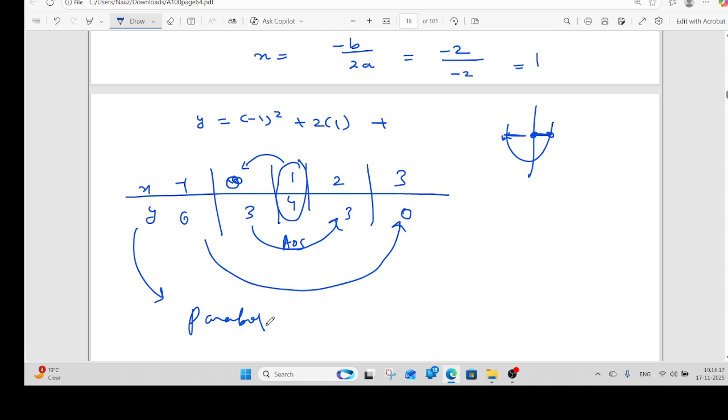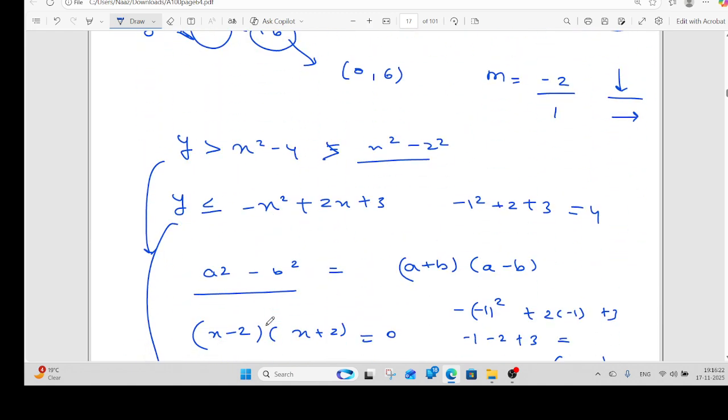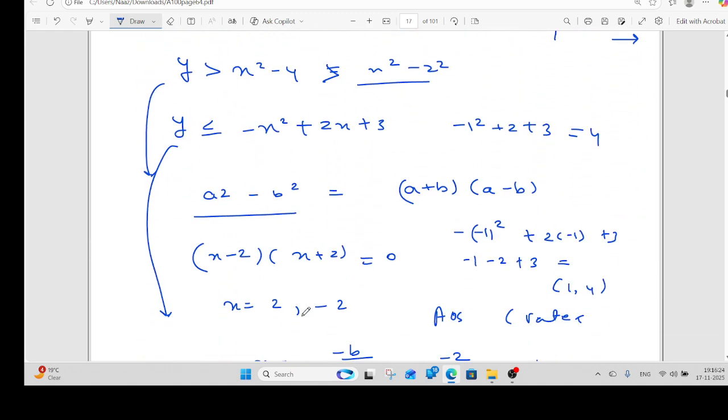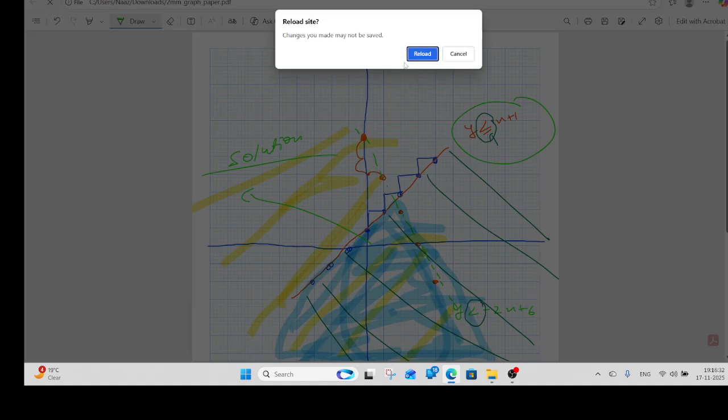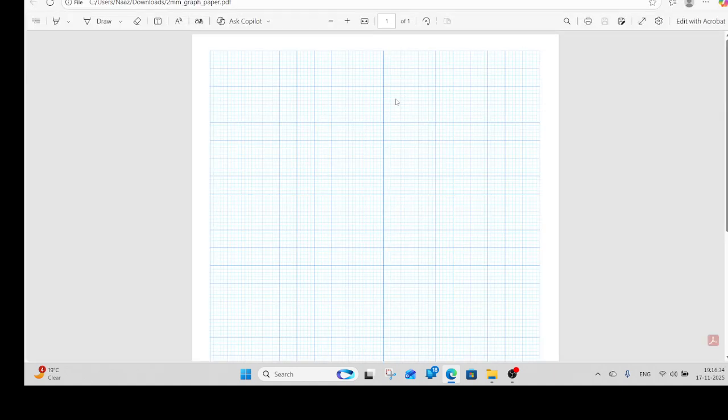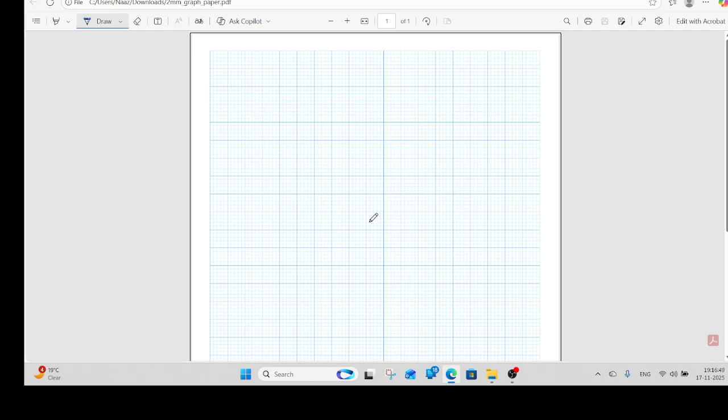And now let's plot it. So we have these points, x is 2 and -2, right? And first we plot them. Because my equation was x square minus 4, the coefficient of x square is positive, so the graph is going to open in the upward direction, right?